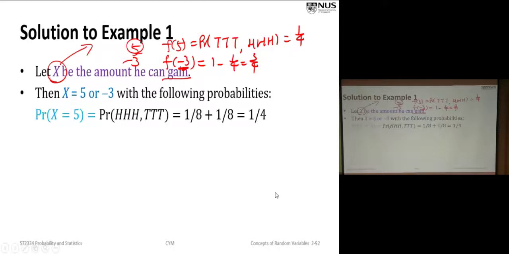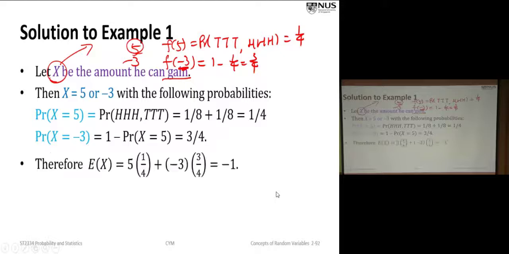All right, so here is the answer. Therefore, the expectation equals the sum of x times f(x). So it's minus 1. He may not expect it, but we know that on average he will lose $1. What does it mean? It means that he plays the game.